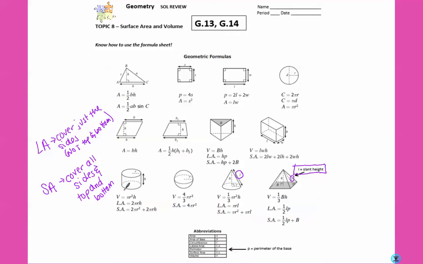So like here, lateral area would just go around the outside. Surface area is everything. Here, lateral area covers the triangle part, but not the circle on the bottom. And then lateral area here covers the tent looking part, but not the floor.